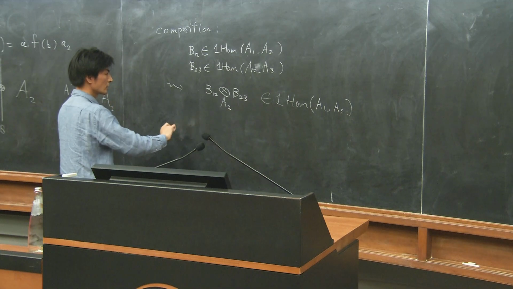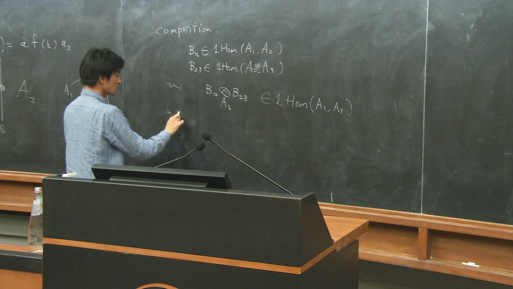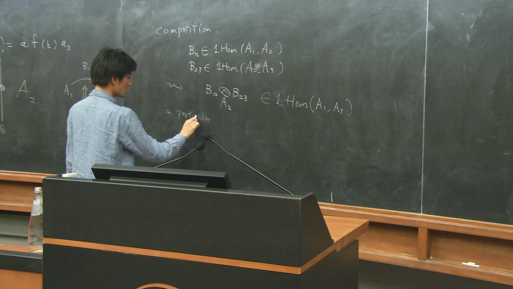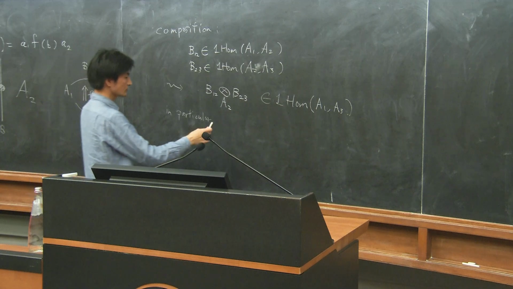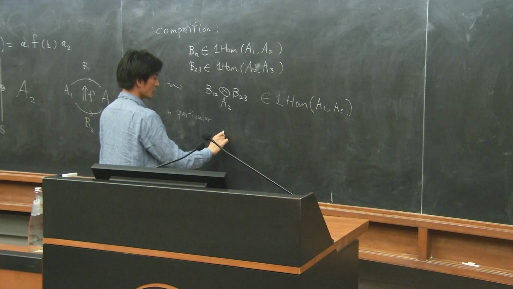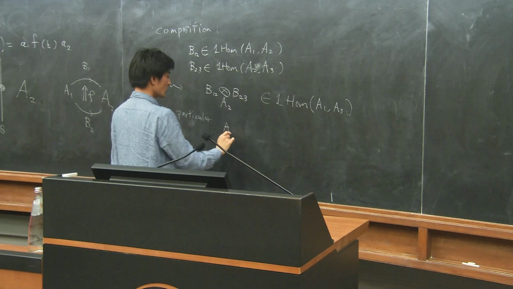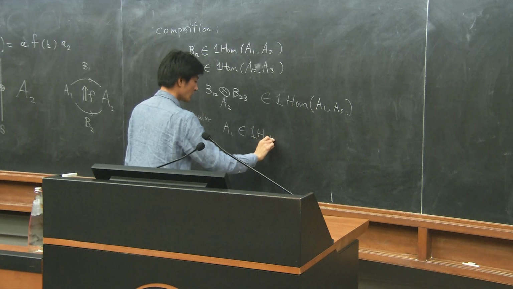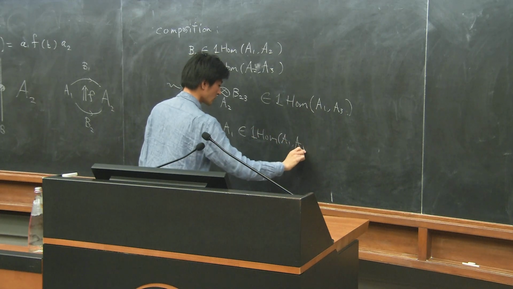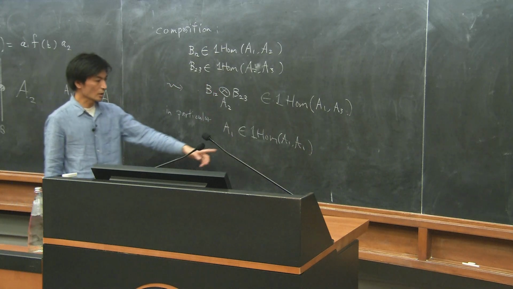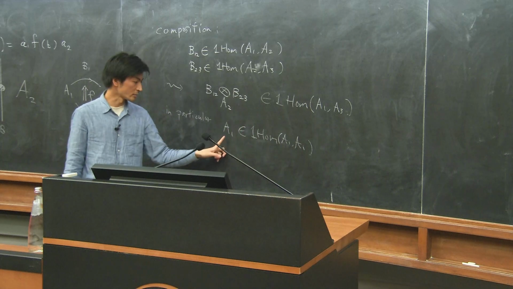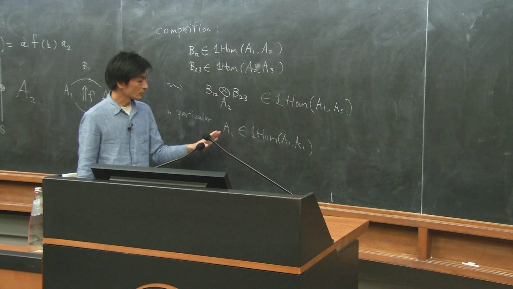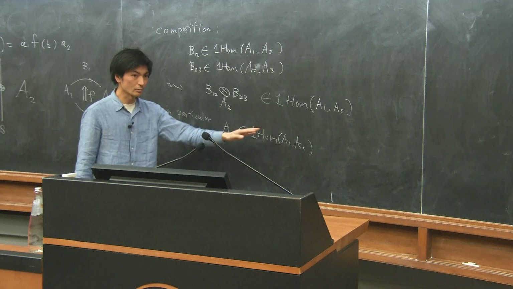So in particular, you can pick A, maybe A1, as A1. If an algebra itself is a bimodule, the action is just coming from the original multiplication.